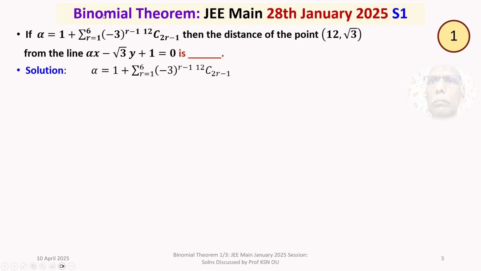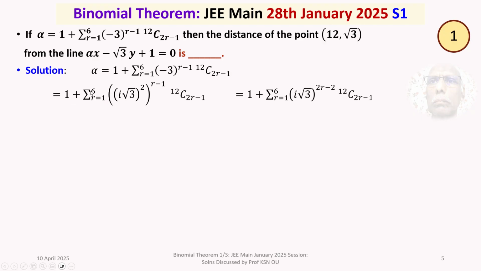We have alpha is equal to 1 plus sigma r is equal to 1 to 6 of minus 3 to the power of r minus 1 into 12C(r minus 1). It is a very typical question. So for this, what we write is 1 plus sigma r is equal to 1 to 6. For minus 3, we have written (i root 3) square. i square is minus 1, root 3 square is 3.